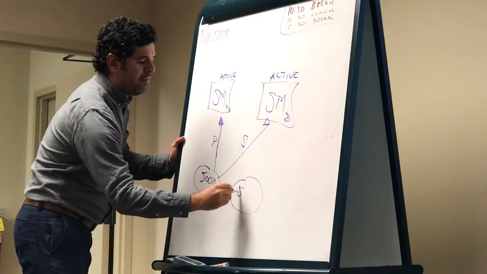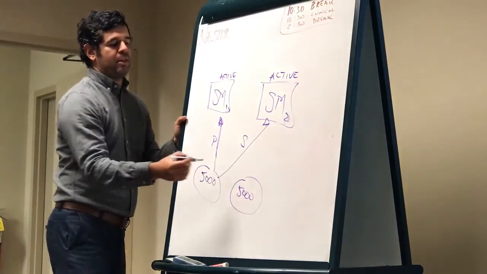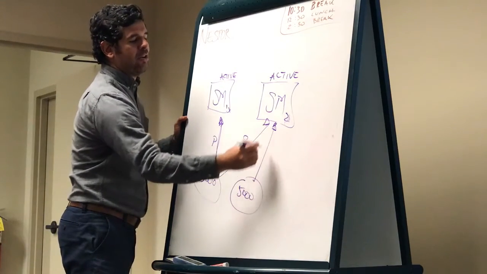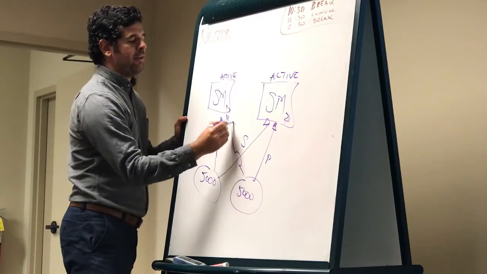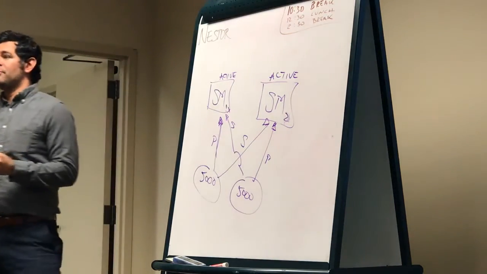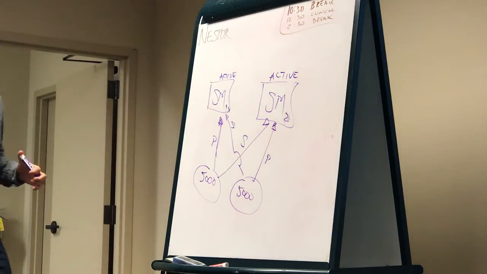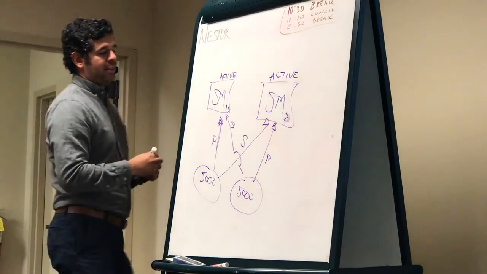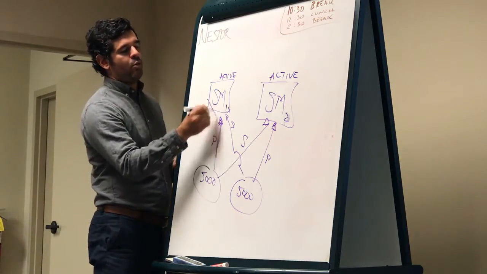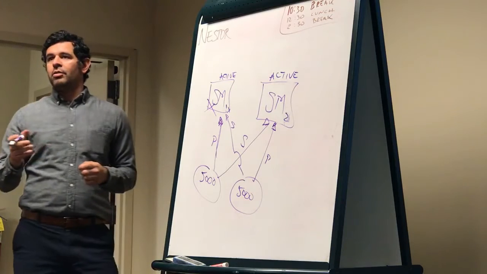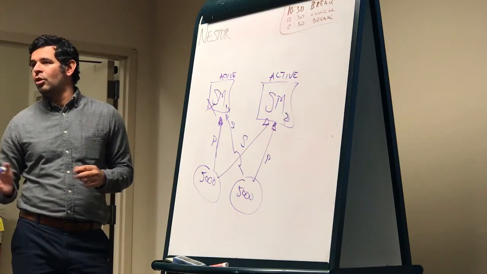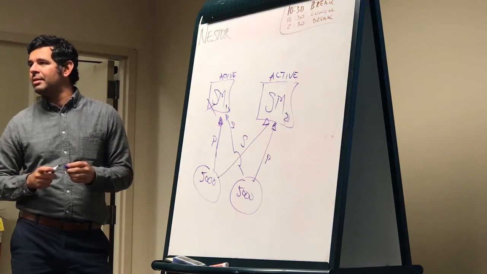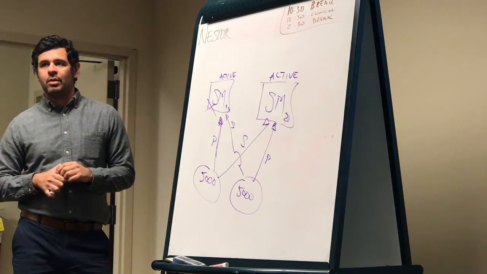And then the other half do the opposite. Go to this Session Manager as the primary, and this Session Manager as the secondary. The benefit of doing something like this is that if Session Manager 1 goes down, there's only a service interruption for half of the users. For the other half, nothing happened. Okay?